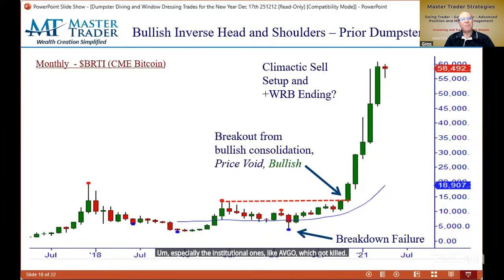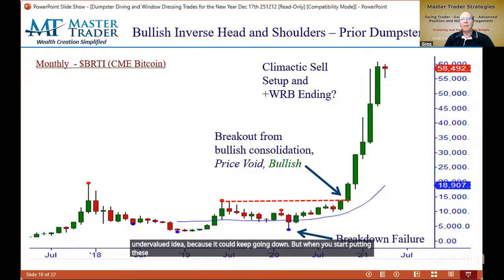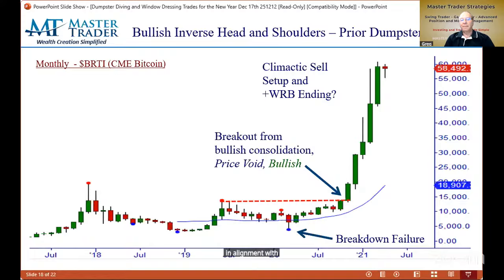They're going to come back to that at some point where they're going to say this is undervalued. And okay, does the chart support that undervalued idea? Because it could keep going down. But when you start putting these pictures in alignment with the news, sector analysis and so on, you put the odds in your favor. And then there's the potential for these kinds of explosive moves.